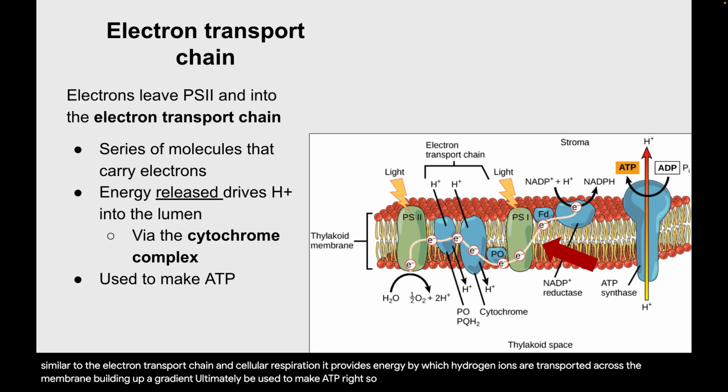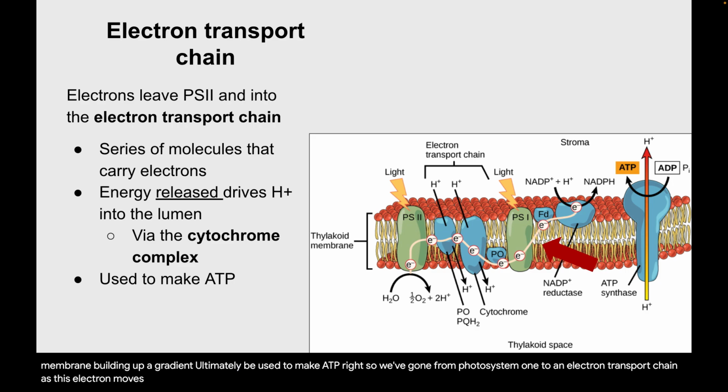So we've gone from photosystem 2 to an electron transport chain. As this electron moves, it's providing energy for the movement of these hydrogen ions, which means the electron itself is losing energy. It's giving some of this energy away to power this movement.